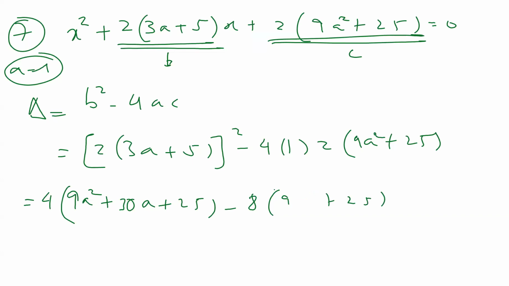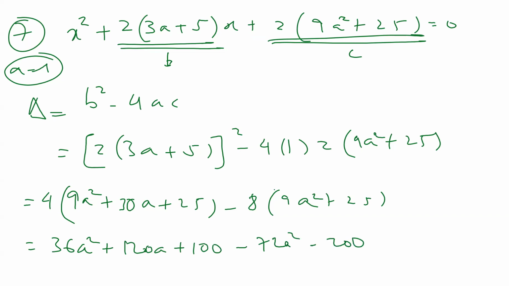So 36a square, 120a plus 100, minus 72a square minus 200. 36 minus 72 is minus 36a square, plus 120a minus 100. So I think something is common over here.